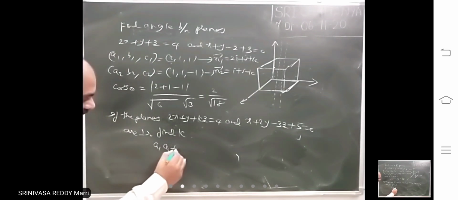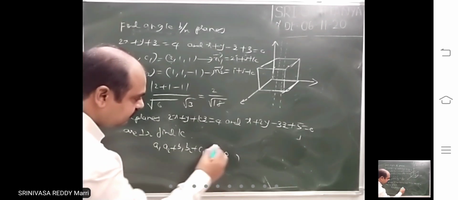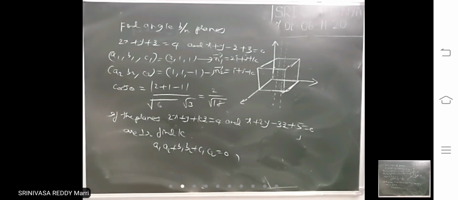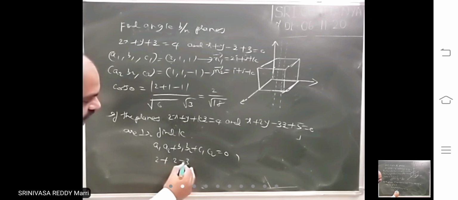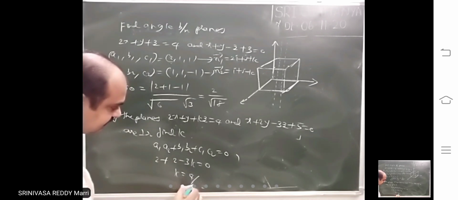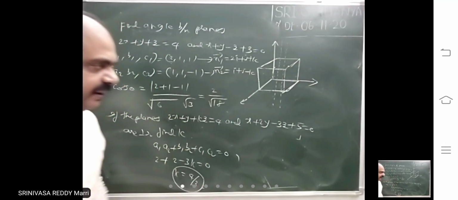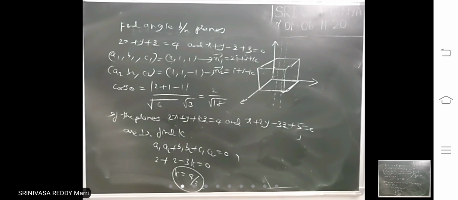Normals are perpendicular: A1A2 plus B1B2 plus C1C2 equal to 0. That means 2 plus 2 minus 3k equal to 0. k is nothing but 4 by 3. Like that, if the planes are perpendicular, you apply the perpendicularity condition. Whenever two planes are perpendicular, A1A2 plus B1B2 plus C1C2 equal to 0.